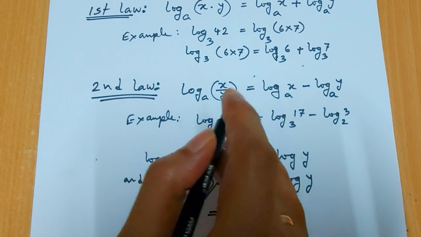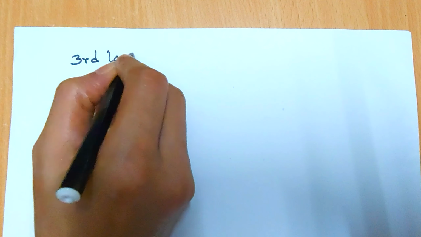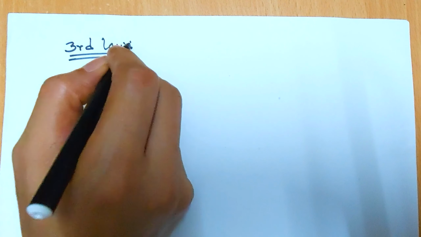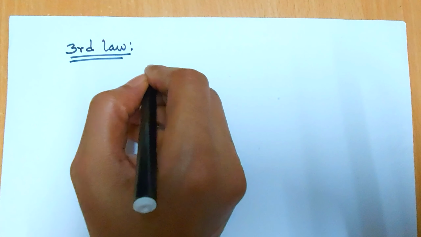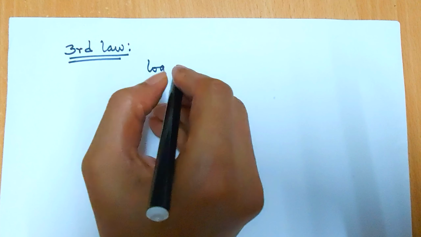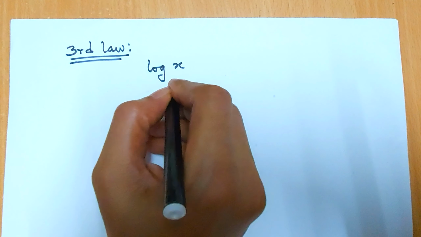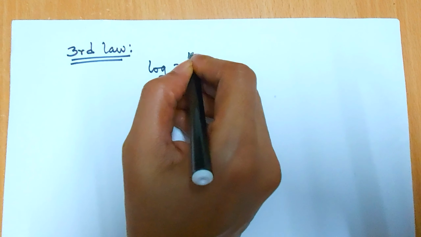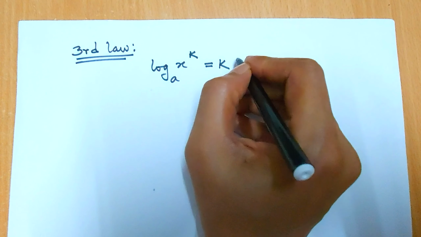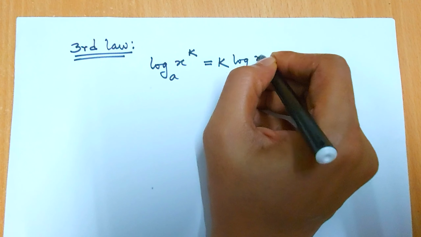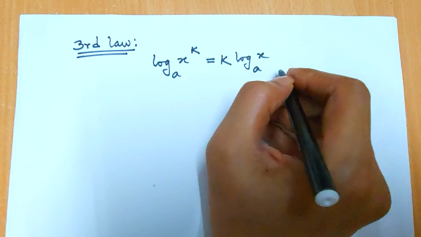Now come to the third law. The third law is called power law because it works with the power. So it says log of x raised to power k to the base a equal to k times log of x to the base a.